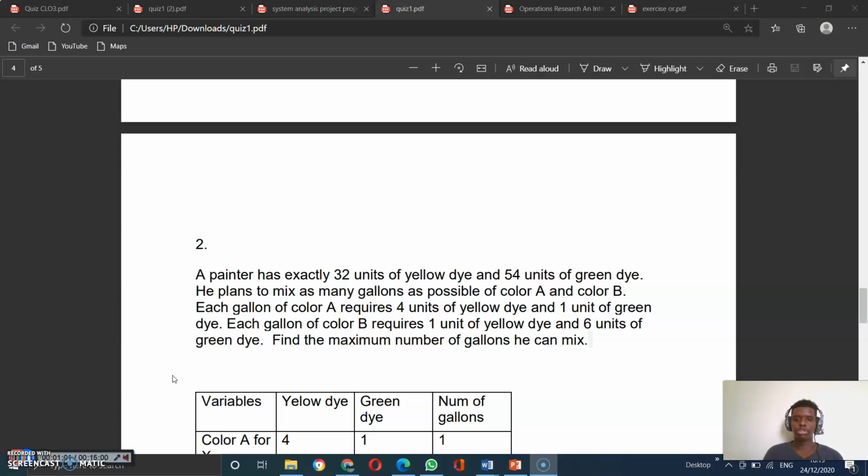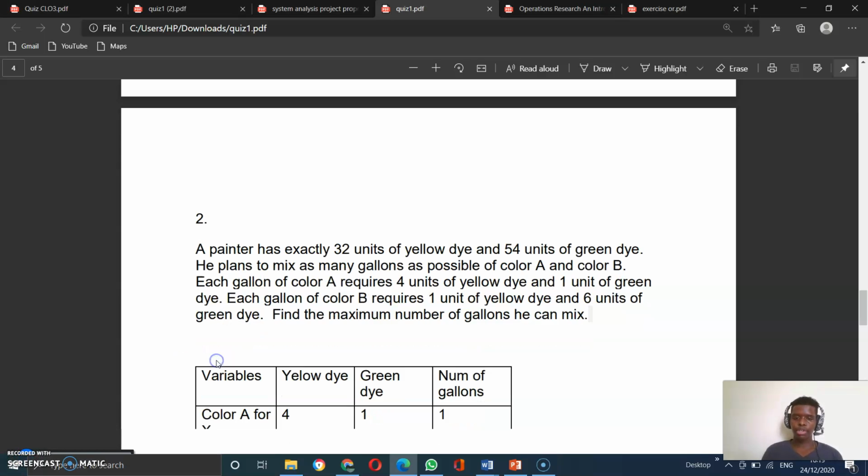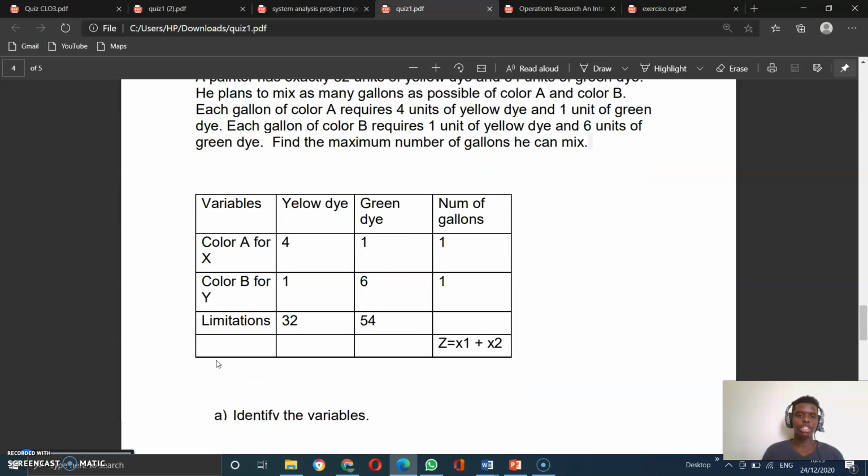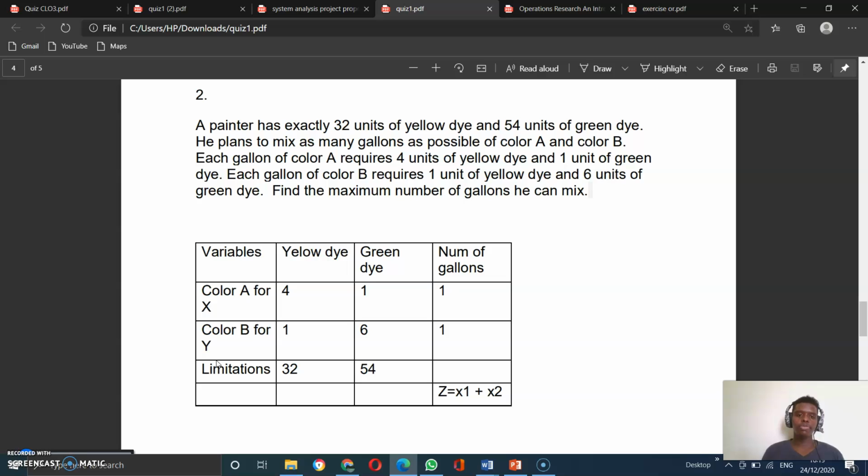So here we have a table, and I'm going to explain this table. First, we have to identify the variables, and the variables, as you can see, are x and y, and we have yellow dye, green dye, and number of gallons.